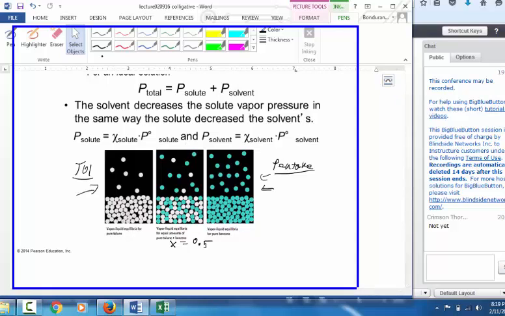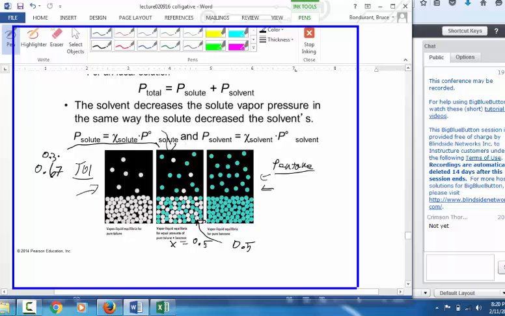Here in the liquid phase it's 0.5, but in the vapor phase it's not, because now it's 3 to 9, so the X of the vapor phase would be 0.33 toluene and 0.67 pentane, if we're calling these arbitrarily those things.